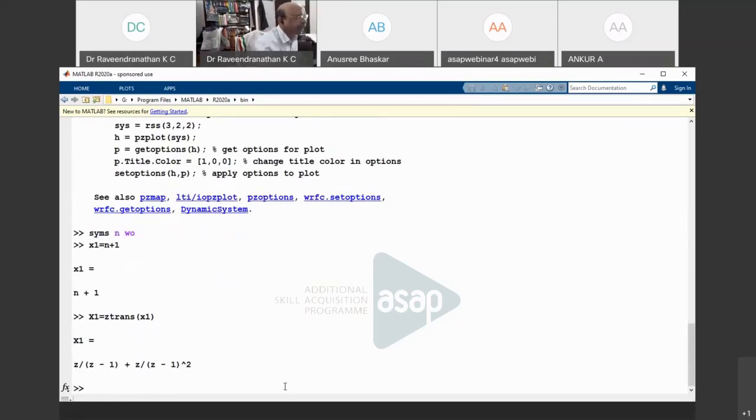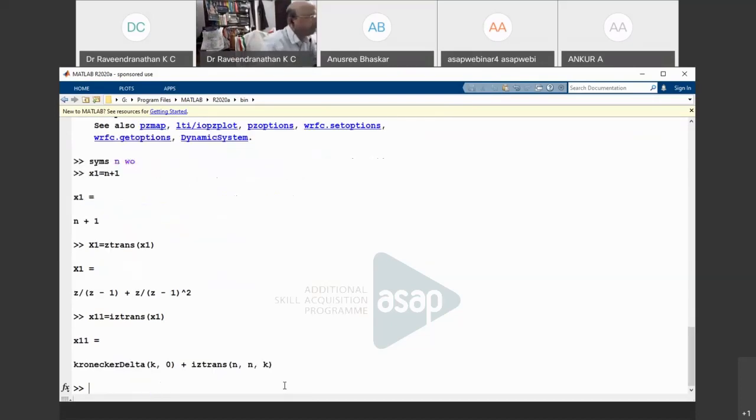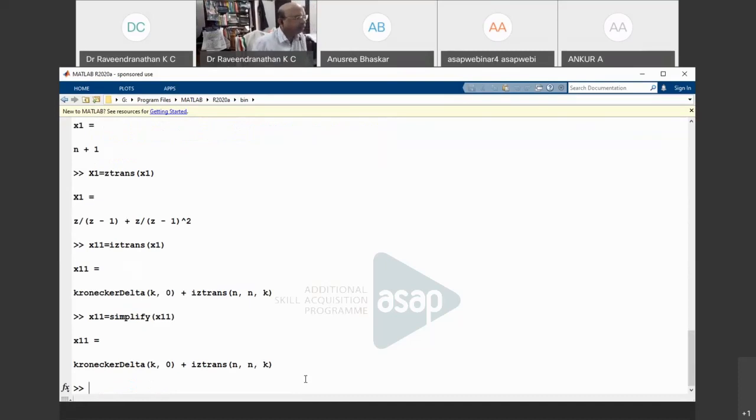You get the signal, and to get back the original sequence, use the inverse Z transform of X1. Get back here. But this is different from the original x1. So what you can do is simplify X of 1 1 and put it in x of 1 1, right? There is some issue with this. We are supposed to get back the original n plus 1, right?